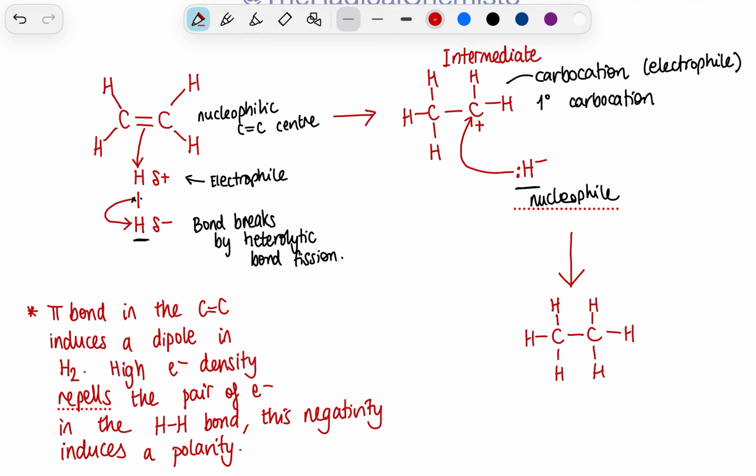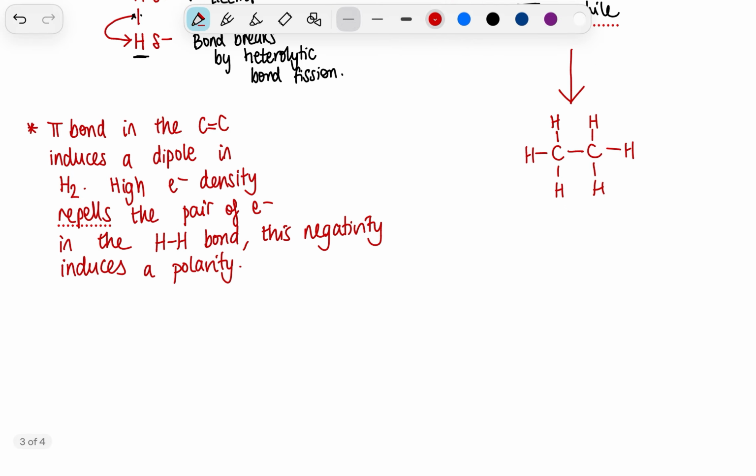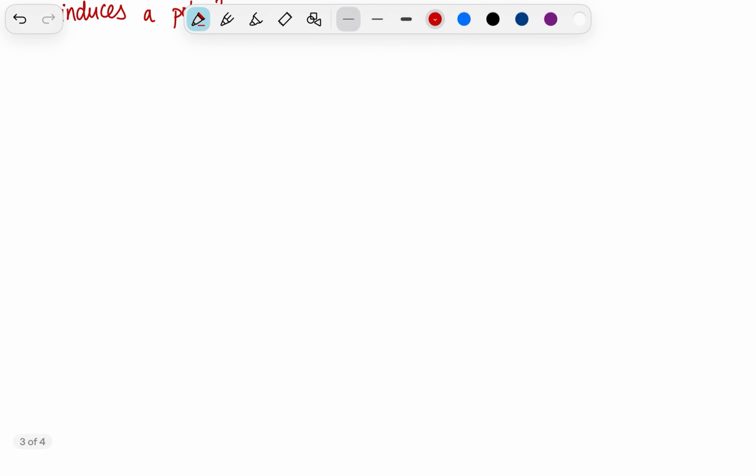Okay, so next, let's do another alkene. This time I'm going to take propene as your example. So this would be propene, and we are going to add HBr to this.